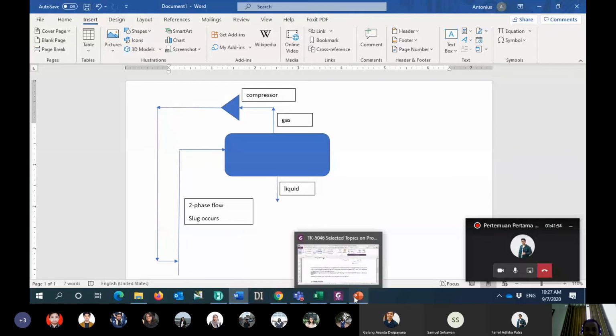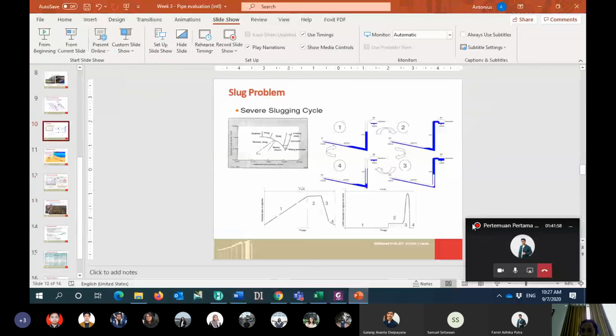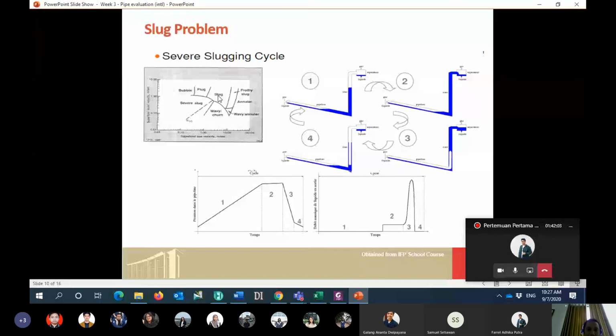So I will return back to this chart. I hope the chart is big enough for you. Remember my position is in the slug. To make annular on the right side here, you have to increase the superficial gas velocity, so I have to move to the right side.